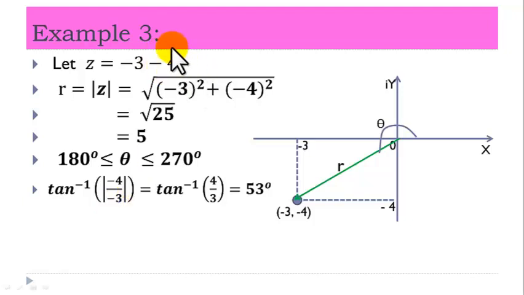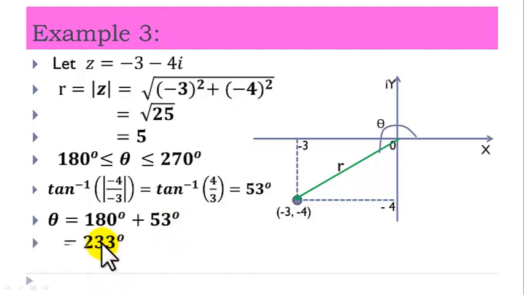That is y all over x. So the absolute value of minus 4 over minus 3 is the same thing as 4 over 3. So that will give us arctan 4 over 3, which is approximately equal to 53 degrees as before. So therefore, to obtain the argument, theta is equal to 180 degrees plus 53 degrees, which is equal to 233 degrees.